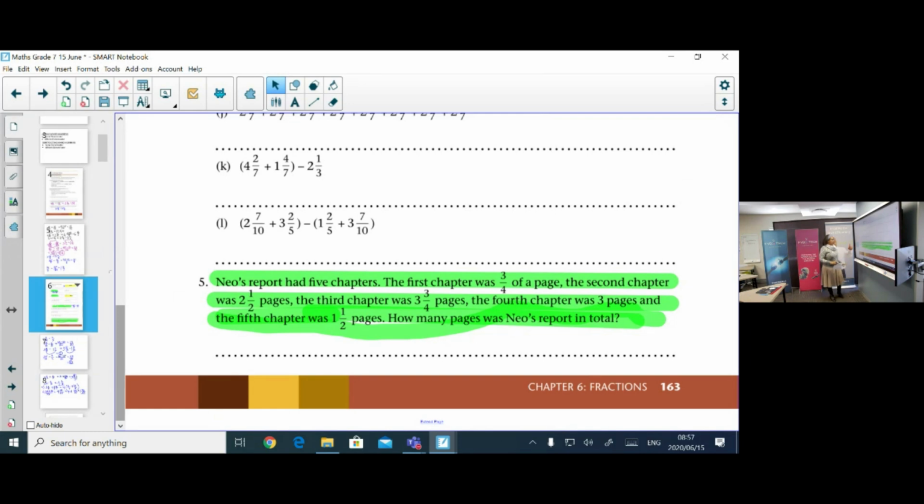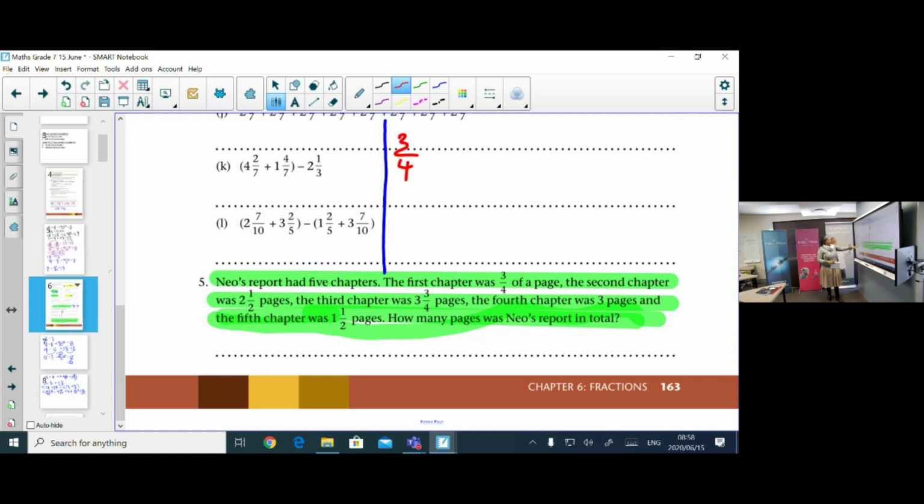Then now let's do number 5, simply because it is a word problem. So we need to check. Nell's report has 5 chapters. The first chapter was 3 over 4. I'll write over here. It was 3 over 4.